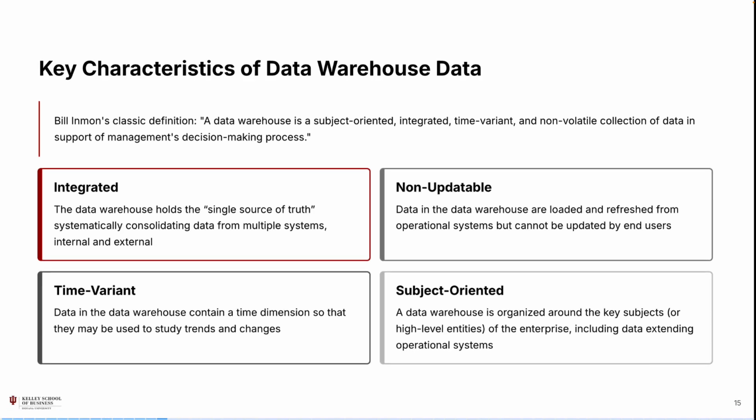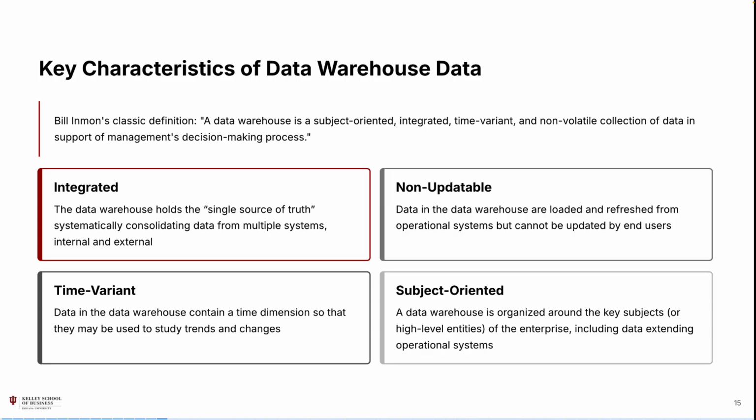Data in a data warehouse has four unique defining characteristics. First is integrated. It hosts a single source of truth, systematically consolidating data from multiple systems. The second is non-updatable. Data is loaded via planned batches, but end users cannot directly update or modify it.